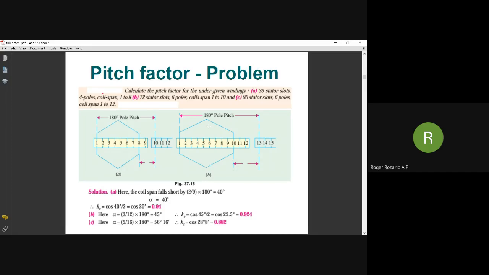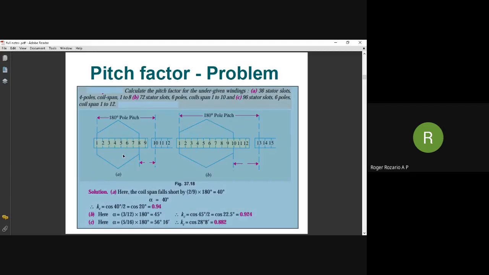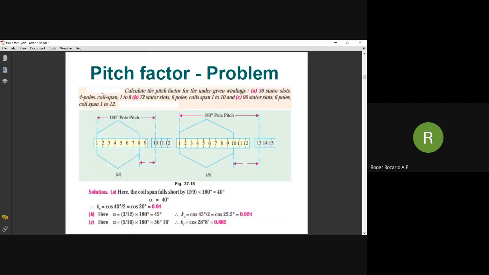This is a problem to calculate the pitch factor. Look at the first diagram A. What is the coil span here in the first diagram? Anyone? If it is a full pitched coil, it is 180 degrees.